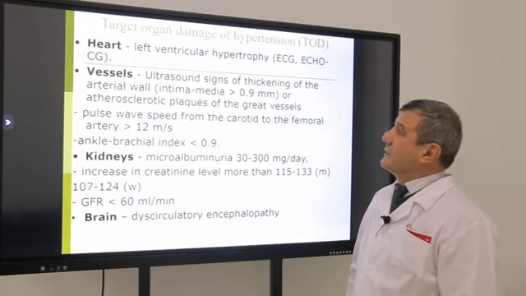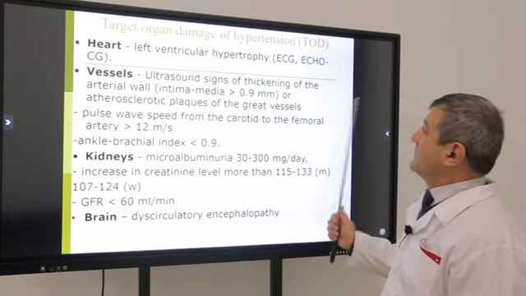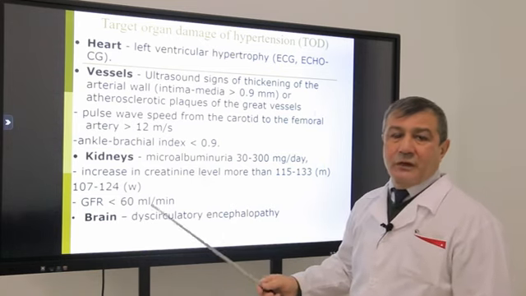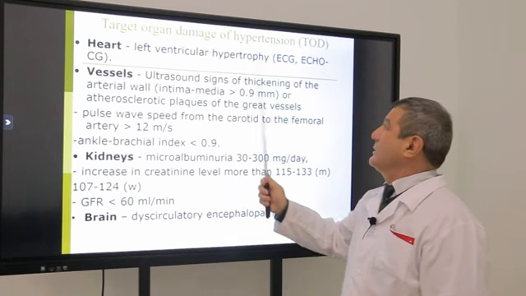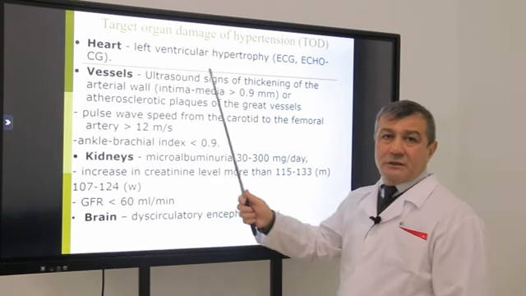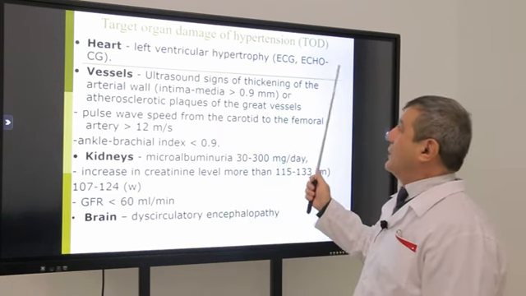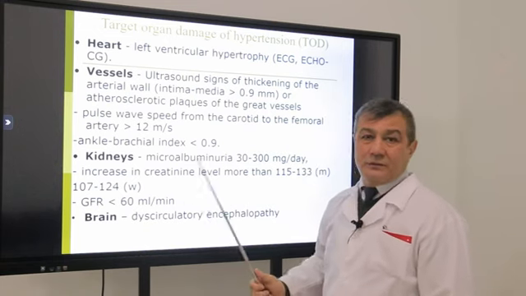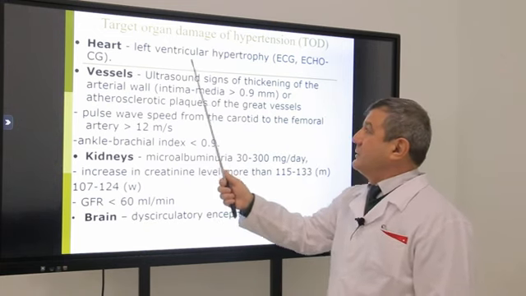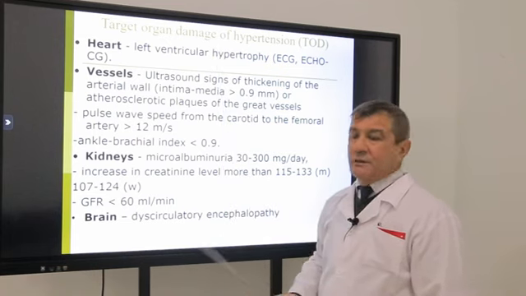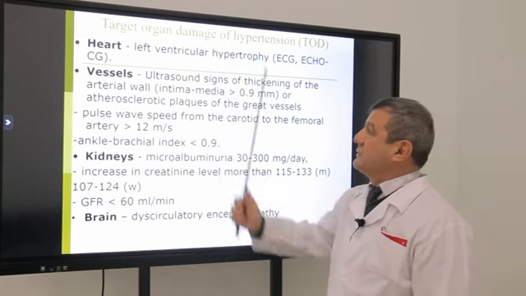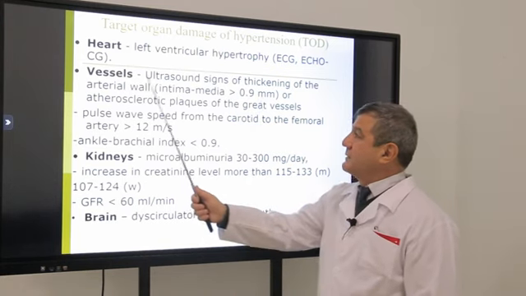Next one, target organ damage of hypertension. First one, we have to check the heart. If the patient has left ventricular hypertrophy, we can determine this by ECG or echocardiography. If we see signs of left ventricular hypertrophy, this is target organ damage. Second one, vessels.